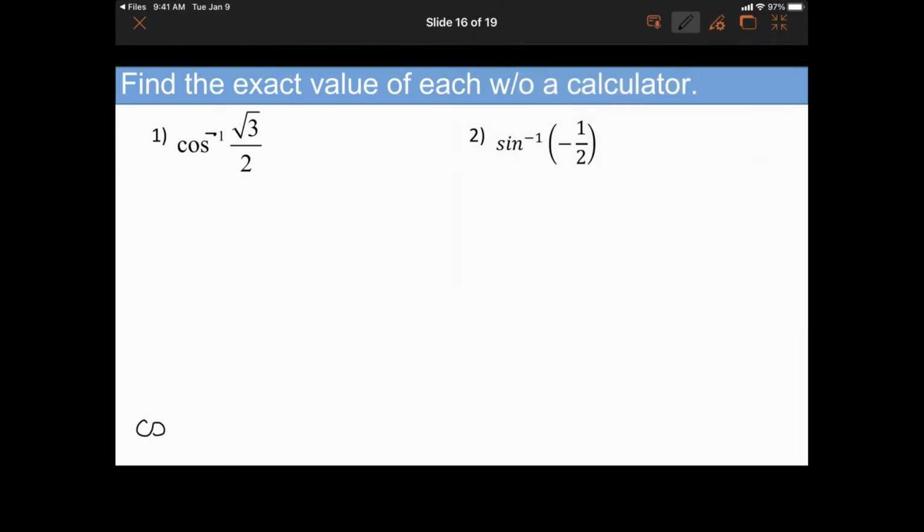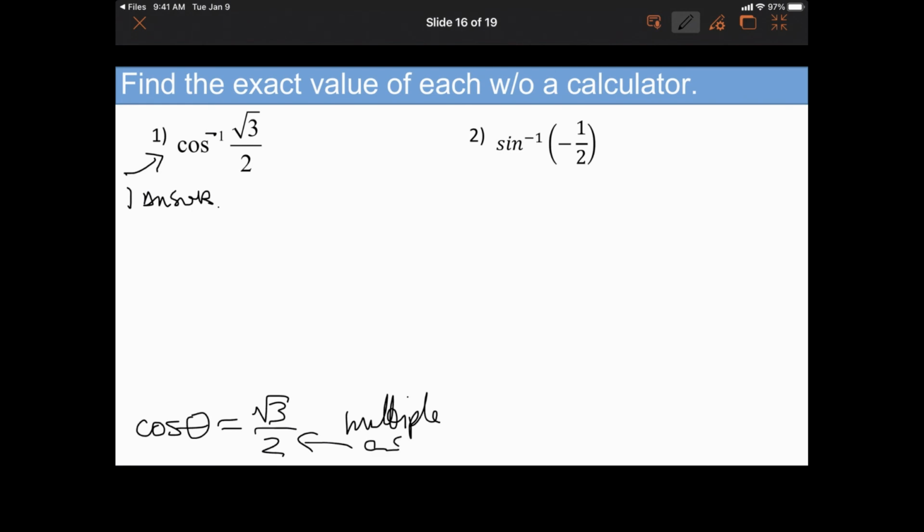That is not the same as this. This will have multiple answers. This is only going to have one answer. This is multiple answers, possibly. This is going to have one. Okay.